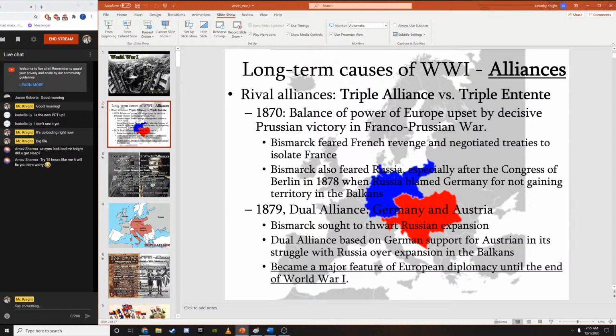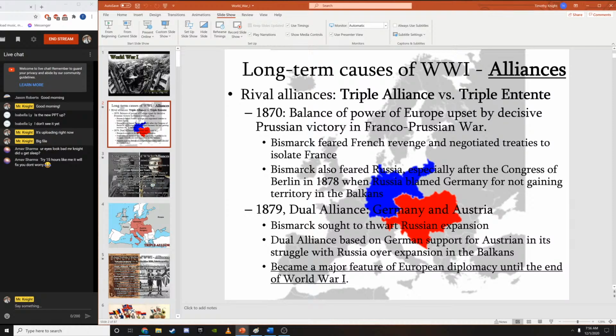Okay, so Prussia was the largest of about 30-some different German states in what was known as the German Confederacy, or the German Bund, B-U-N-D. Okay, and this German Confederacy meant that Germany was not a single unified state until 1870, when Prussia, which was leading the way for German unification, ended up entering into a war with France.